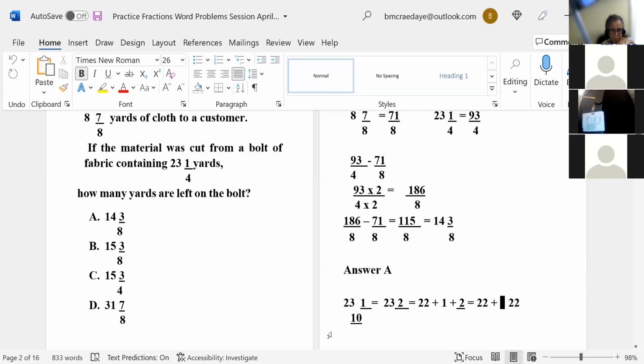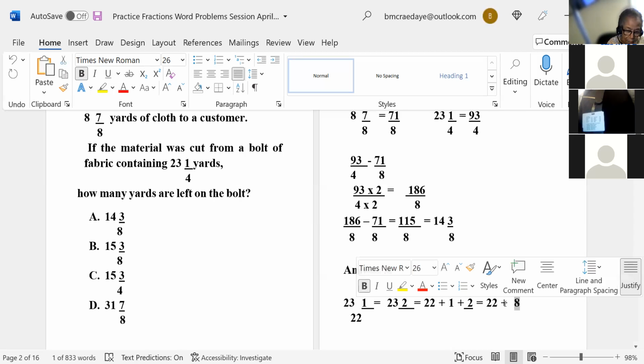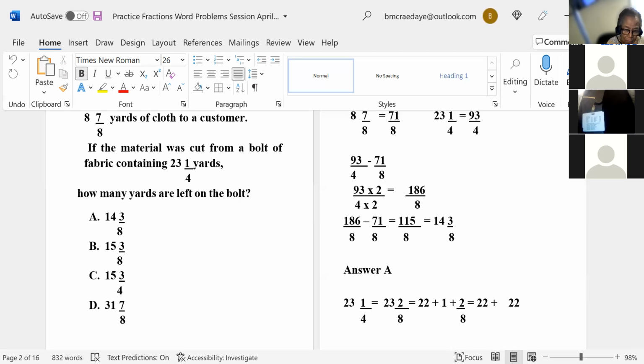So the 22 plus 1, I made it 22 plus 8/8 plus 2/8. Whenever you have 1, it's a number over itself, right? So that's 8/8.